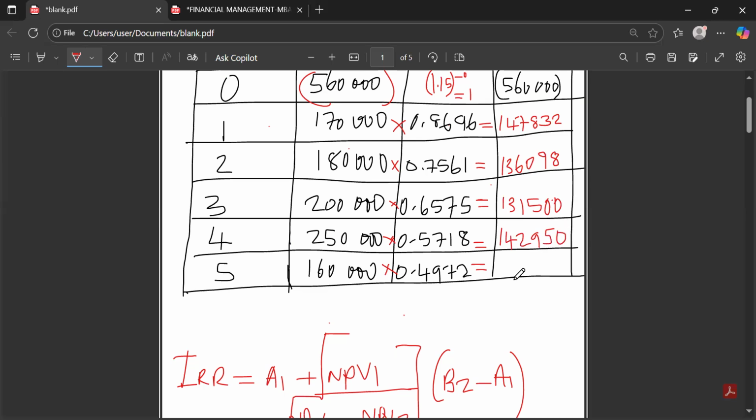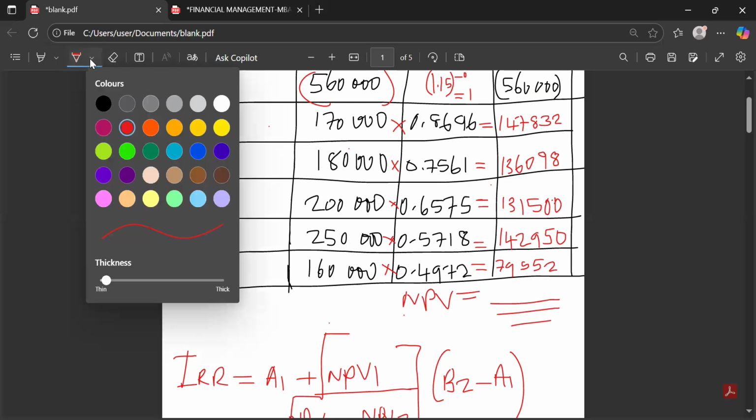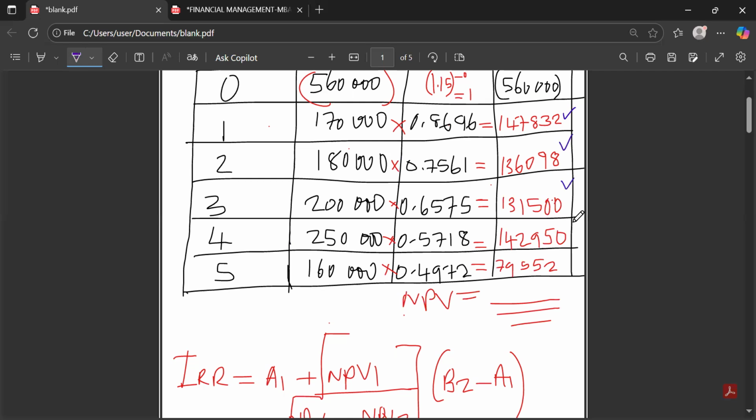Then the other one. The last one is 79,552. So our NPV is actually going to give us, you add those ones and then remove the investment, right?